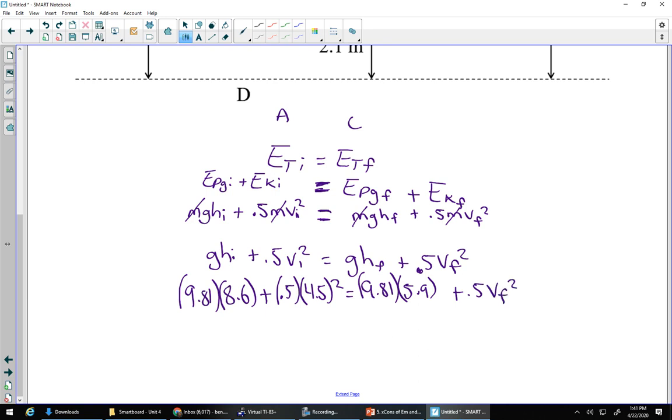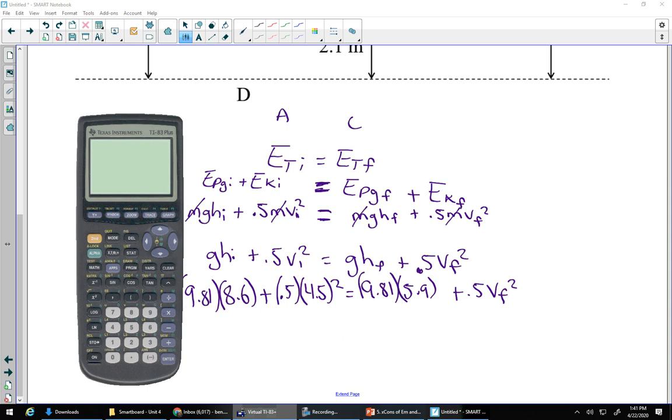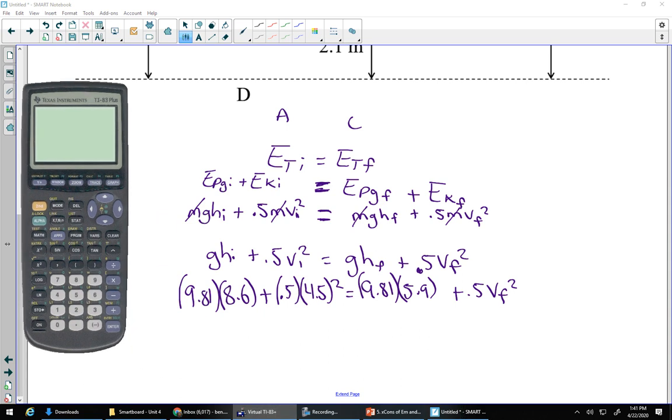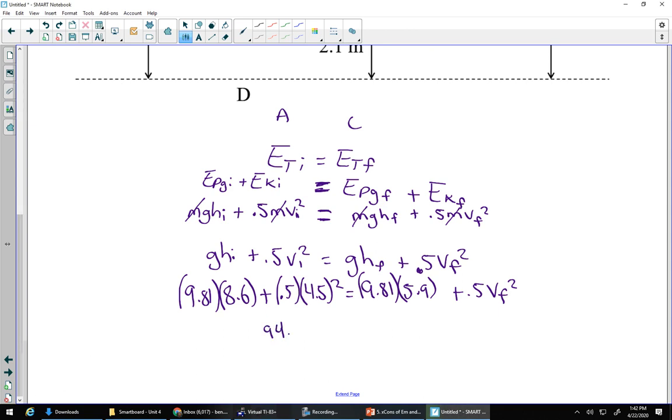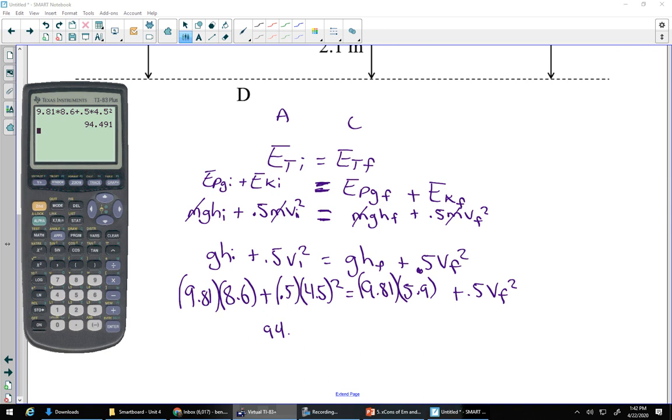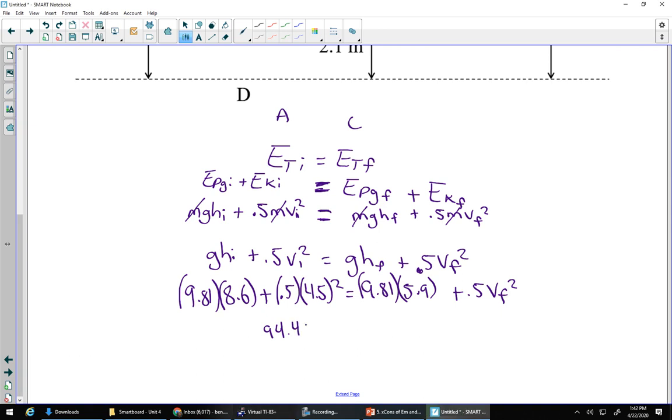Now as I go through and I want to simplify this, let me just grab the calculator there. There we go. And on the left-hand side, I've got 9.81 times 8.6 plus 0.5 times 4.5 squared. Hit enter. So on this side, I've got 94.491.